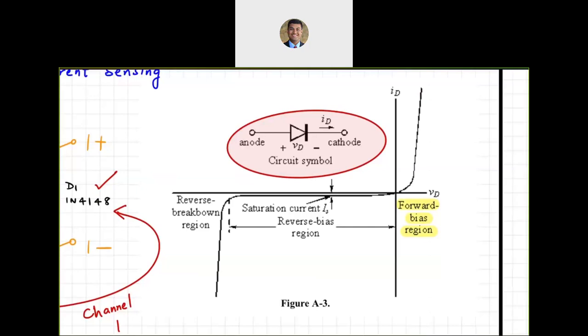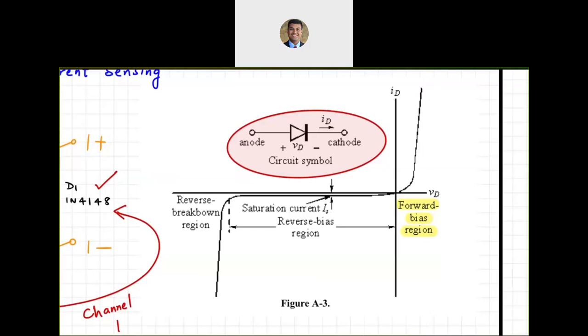As I increase the voltage VD, the current struggles to increase, but at some turn on voltage, it increases exponentially.